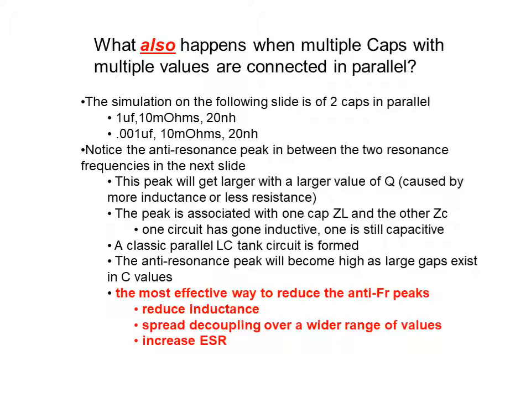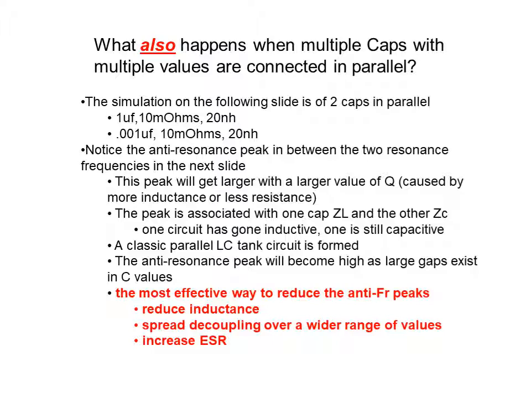When you place these, notice the anti-resonance peak in between the two resonance frequencies in the next slide. This peak gets larger with a larger value of Q, because it is caused by more inductance or less resistance. Also, this peak is associated with one capacitor's inductive impedance and the other's capacitive impedance. One circuit has gone inductive in this case and one is still capacitive.